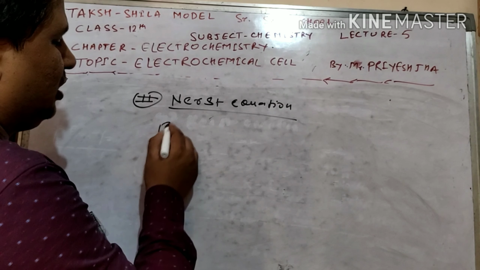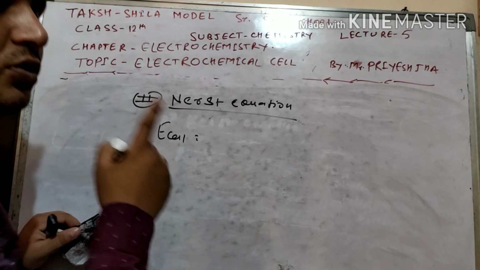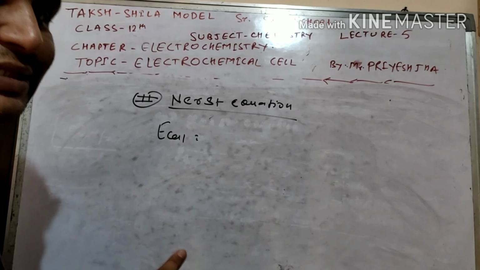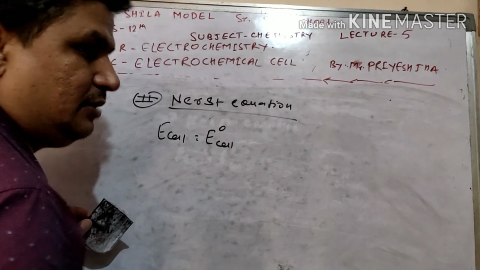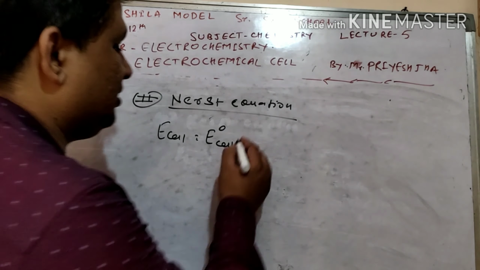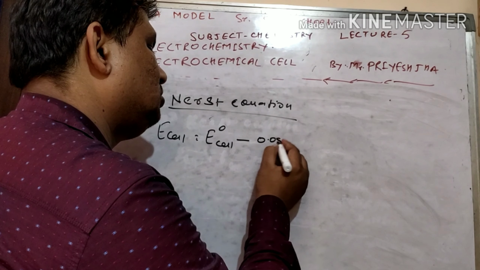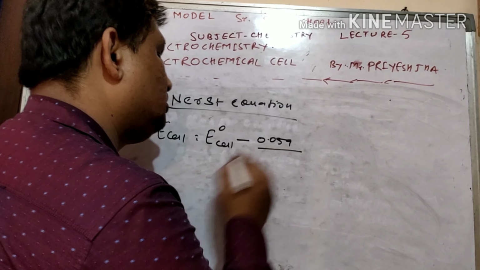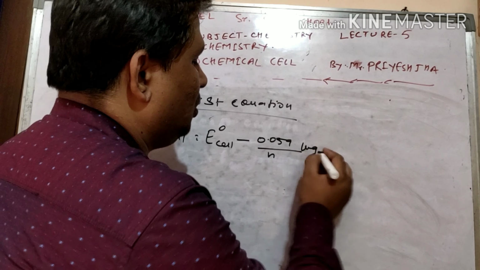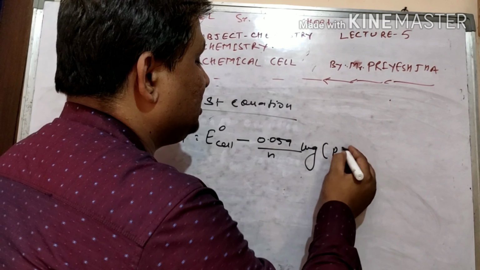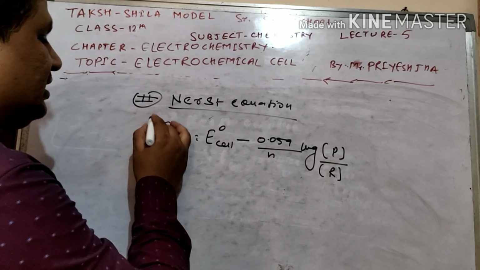Its formula: E cell, meaning the electromotive force or electrode potential at any concentration, is equal to E naught cell, the standard electrode potential, minus 0.059 upon n log concentration of product upon concentration of reactant.